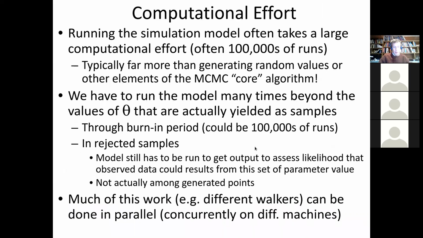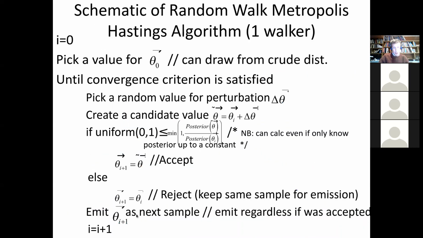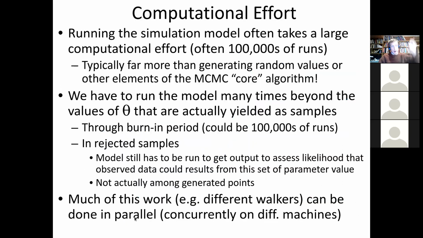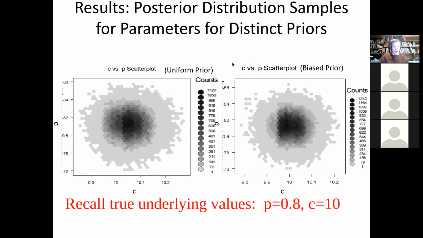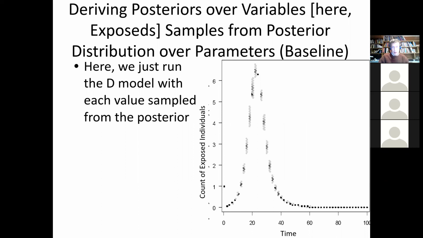But in general, when we sample using MCMC, we'll get 100,000 samples coming out of it. Great. And we can run those and we'll get a distribution for the number of people who are in the exposed state at each time.